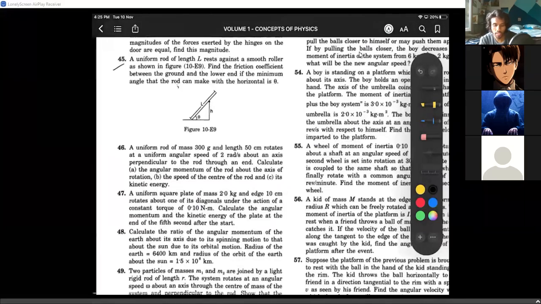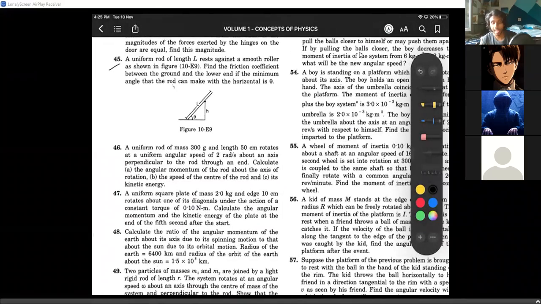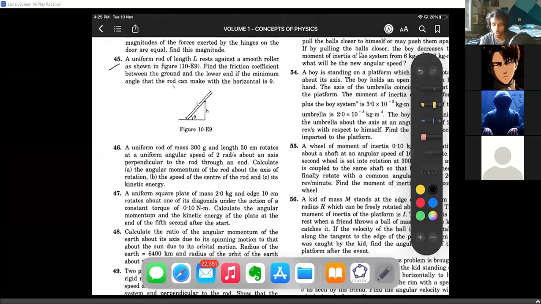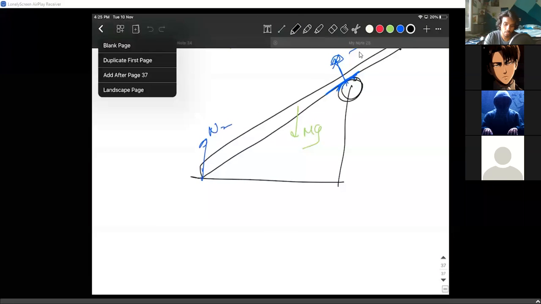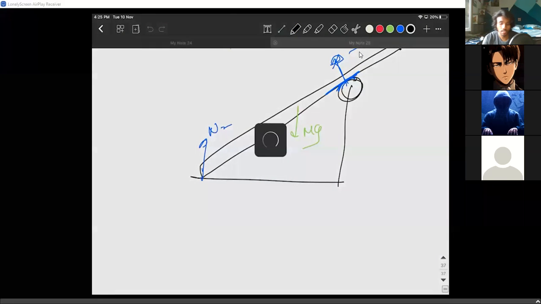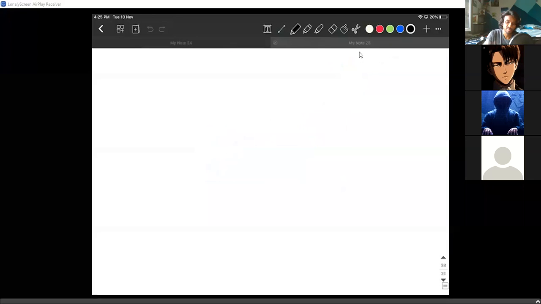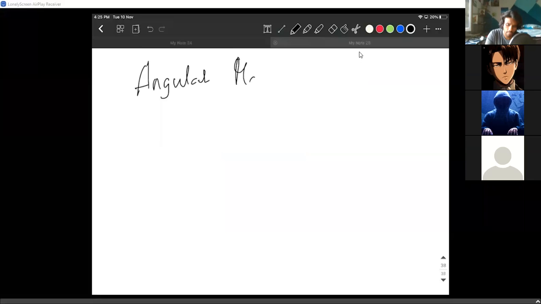Now going to 46 and 47, it's all about angular momentum, which is a topic that I'm going to introduce tomorrow because I thought I could introduce it to you today itself, but this class is already way too long. I'm just going to give a very brief idea about angular momentum. We already know linear momentum P equals mv.